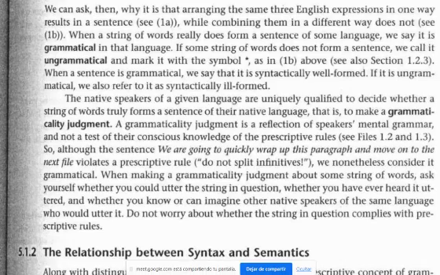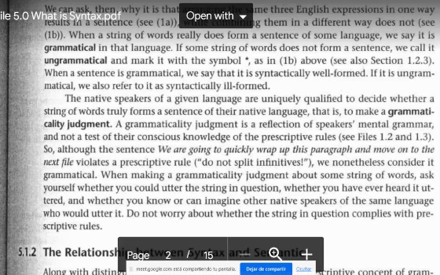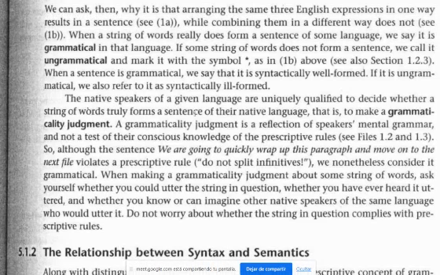Native speakers of a given language are uniquely qualified to decide whether a string of words truly forms a sentence of their native language. As Spanish speakers, we know what strings of words can go together, like constituents. Then you can make a grammaticality judgment. And we do that sometimes.